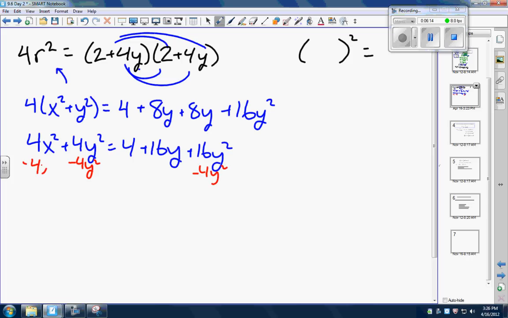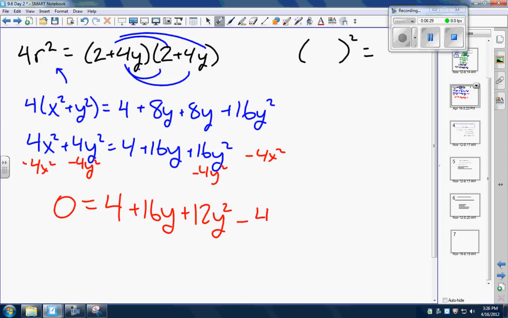I'm also going to subtract a 4x squared, even though there isn't one over here. So now this is going to equal 0. 4 plus 16y, 12y squared, minus a 4x squared. Group these things a little bit better here.